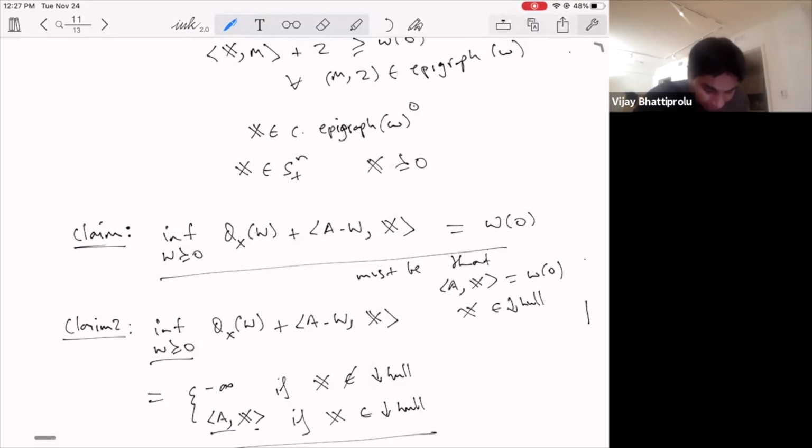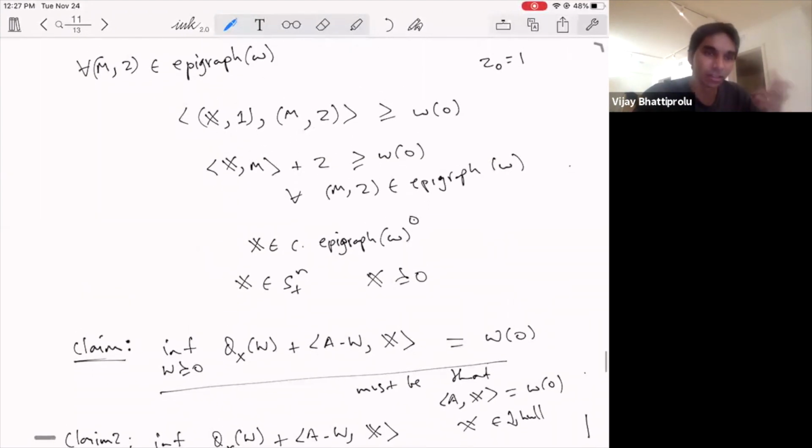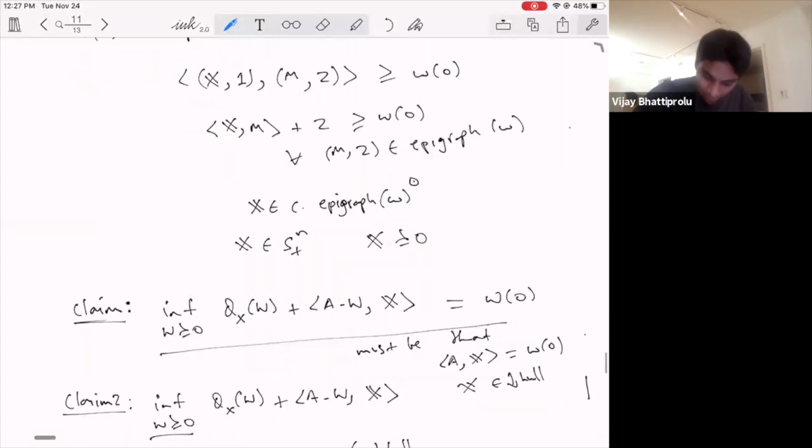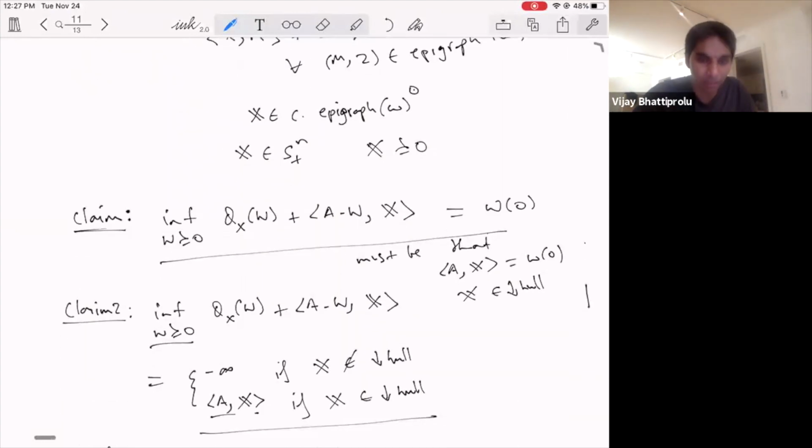Because it can either be negative infinity or it's A inner product X, and since omega of 0 by the original definition is not negative infinity, it must be that A inner product bold X is equal to omega of 0, and that X is in the downward closure of the convex hull. This bold X is the one that we obtained from the hyperplane.